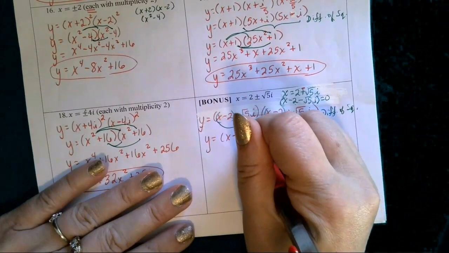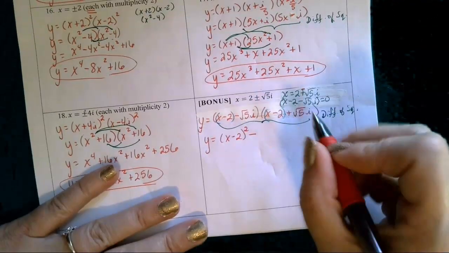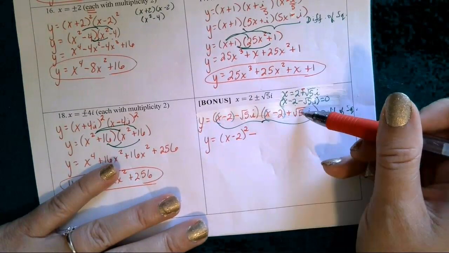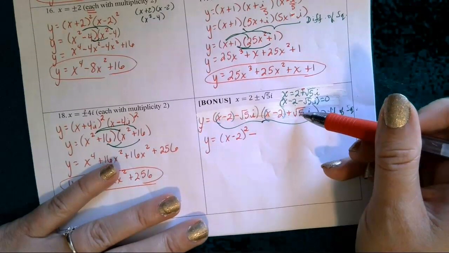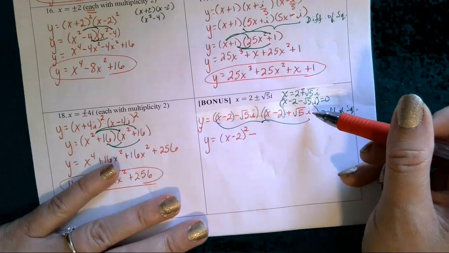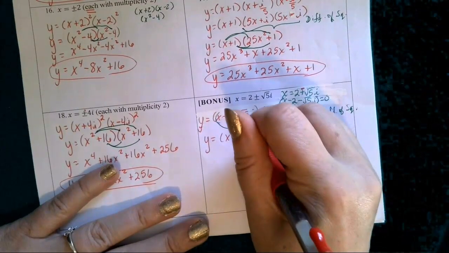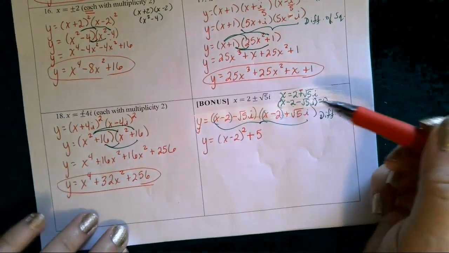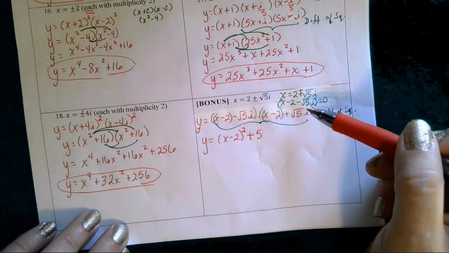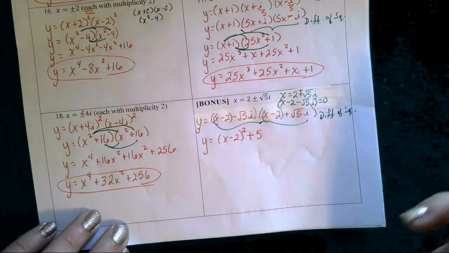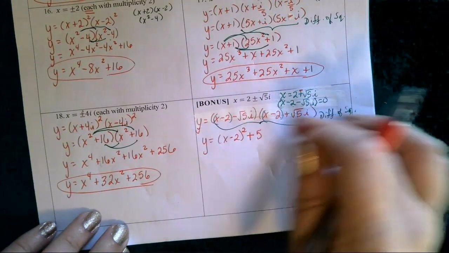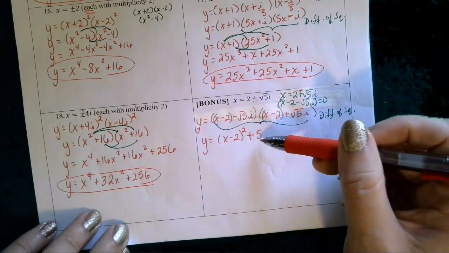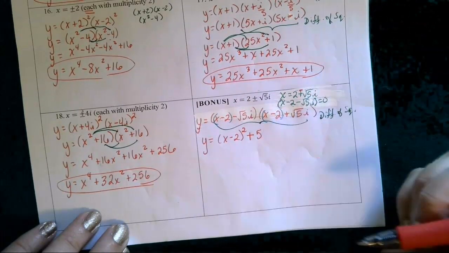And then I have a minus because it's a difference of squares, and then I square the last term, and that's the square root of 5 times the square root of 5 is 5, and then i times i is i squared, and so that's going to be a plus 5. Right? And if you didn't quite catch that, you can go ahead and rewind the video, watch that again, or if you want to do a lot of algebra, you can FOIL this all out and you're still going to end up at the same answer in the end.